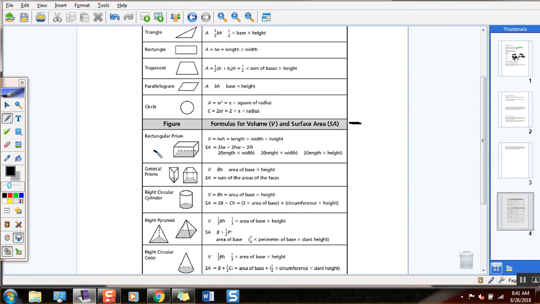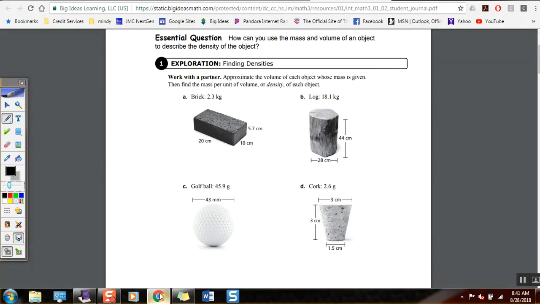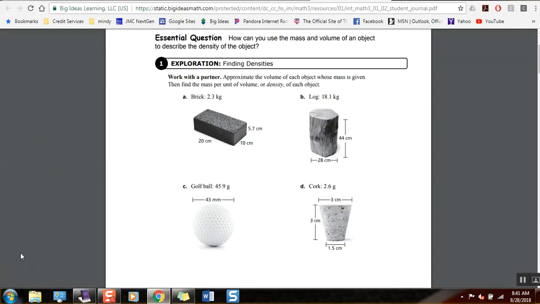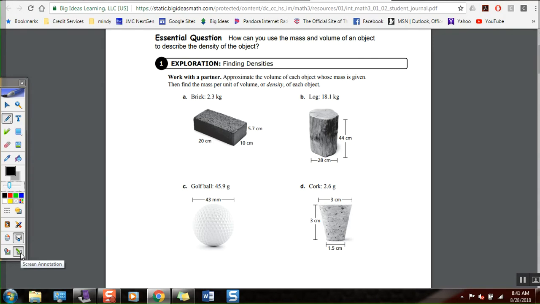So let's go back to this exploration right here, kids. So what's the mass of this again? 2.3 kilograms. All right, so we know we're trying to find the density of this. I know my density is going to equal my mass over volume. How am I going to find the volume of that now, kiddos? 20 times 10 times 5. You bet.